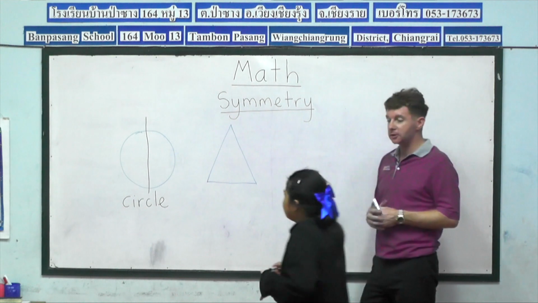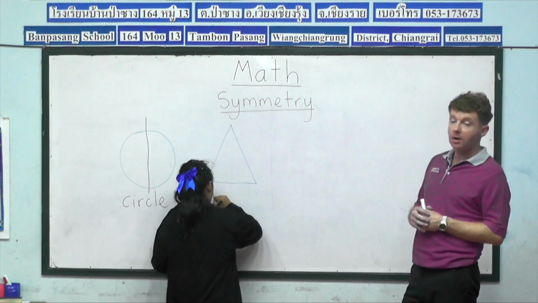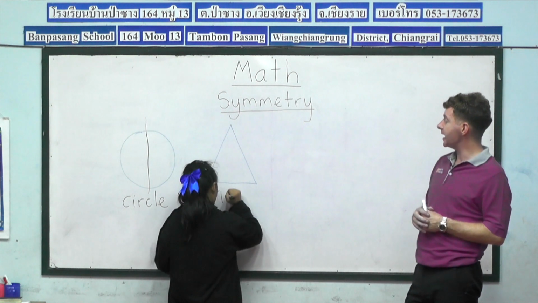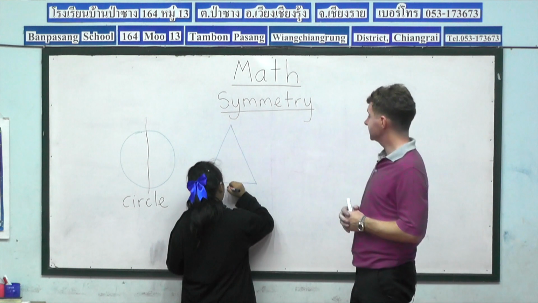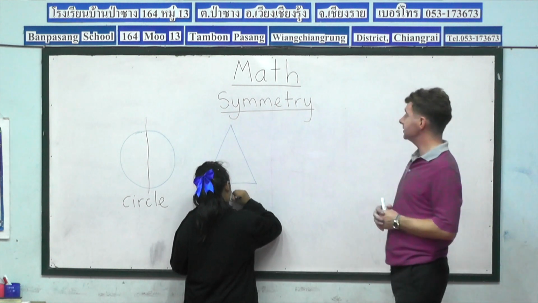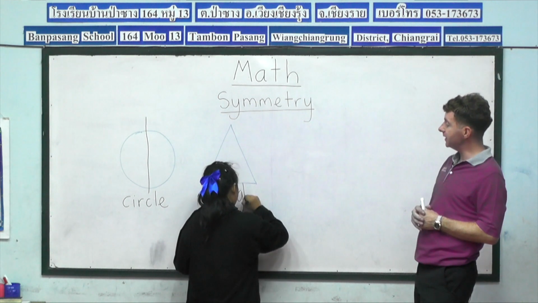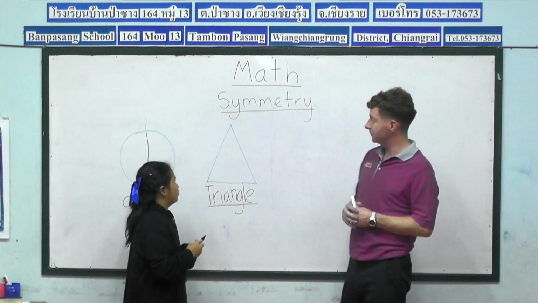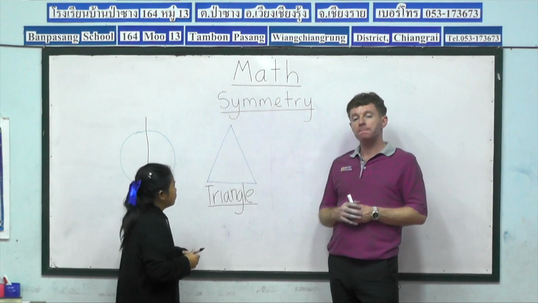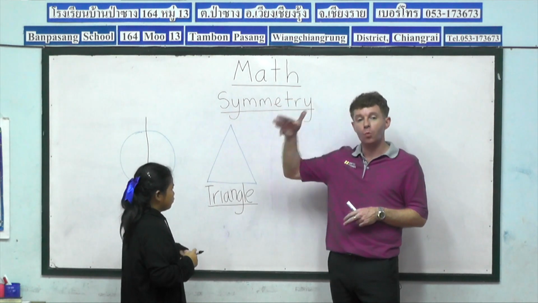So Lakgao, can you write the word triangle underneath? T-R-I-A-N-G-L-E. Excellent, Lakgao. Triangle.